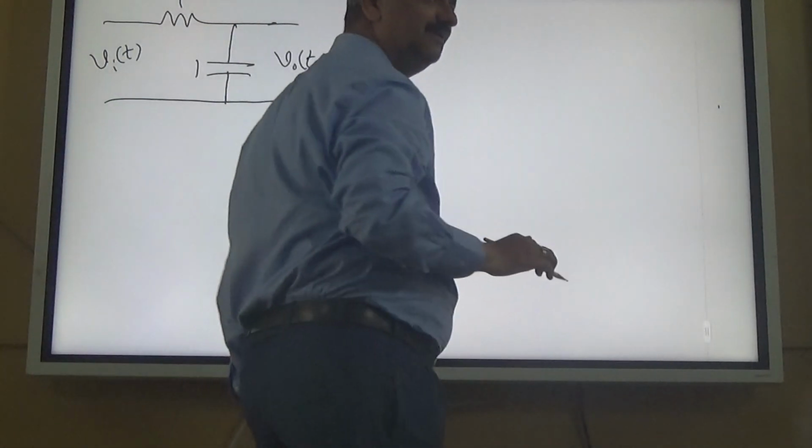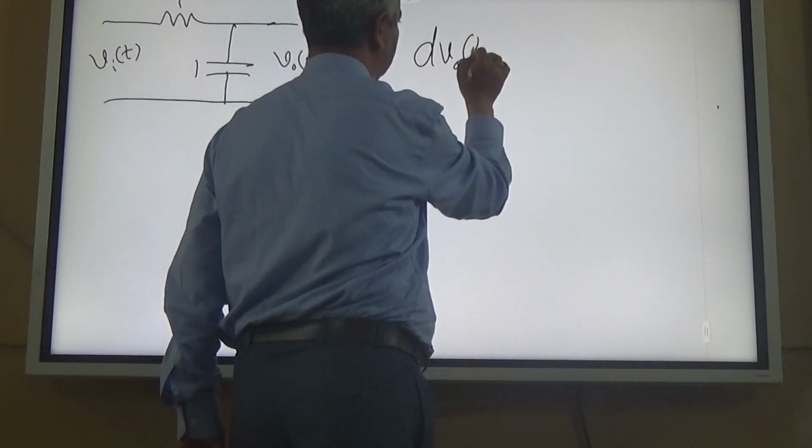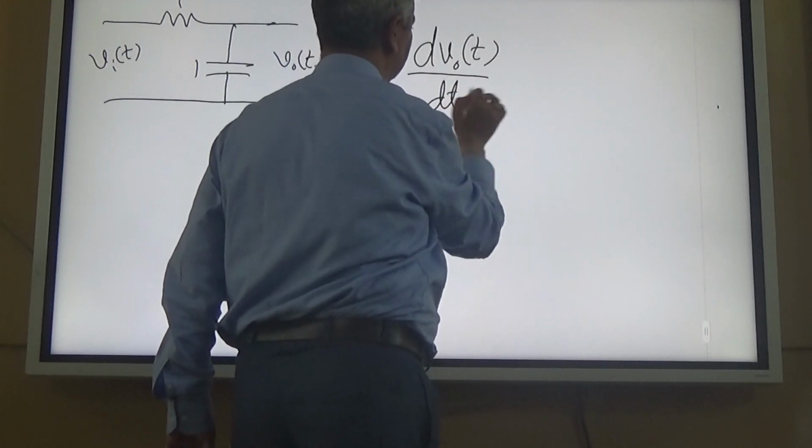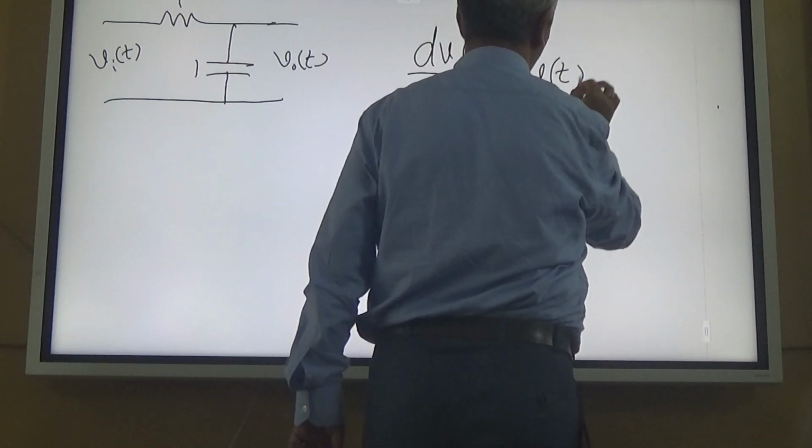The differential equation is dvo(t)/dt plus vo(t) equal to v(t).